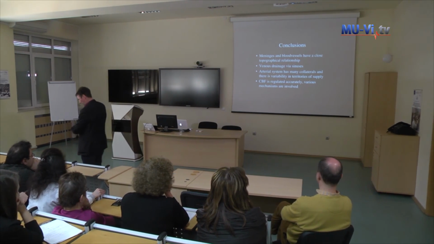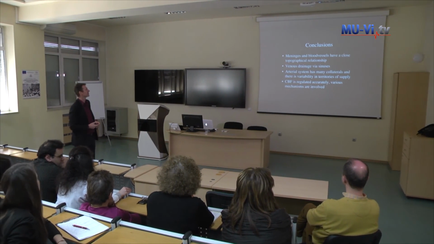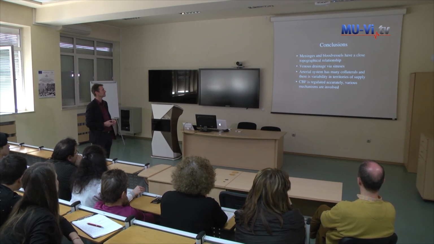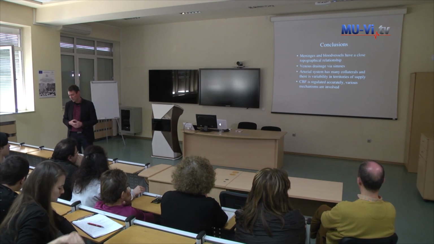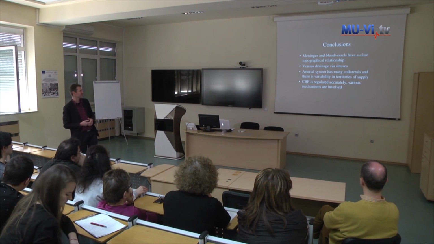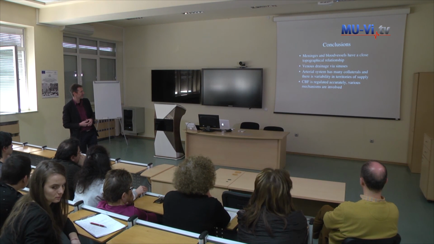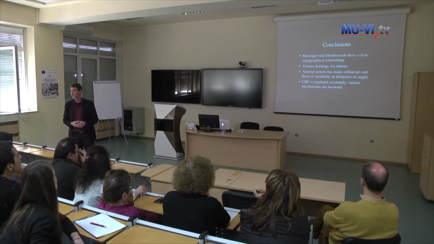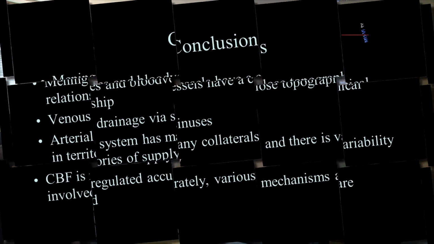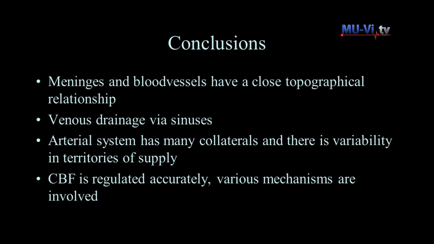I'm getting to the end of my lecture, and this was a lot of information, various kinds of information. If I may put forward a few conclusions. First, we have seen that the meninges and the blood vessels have a very close topographical relationship, and we have transferred this concept to certain pathological conditions like the epidural hematoma, subdural hematoma, and the subarachnoid bleeding.